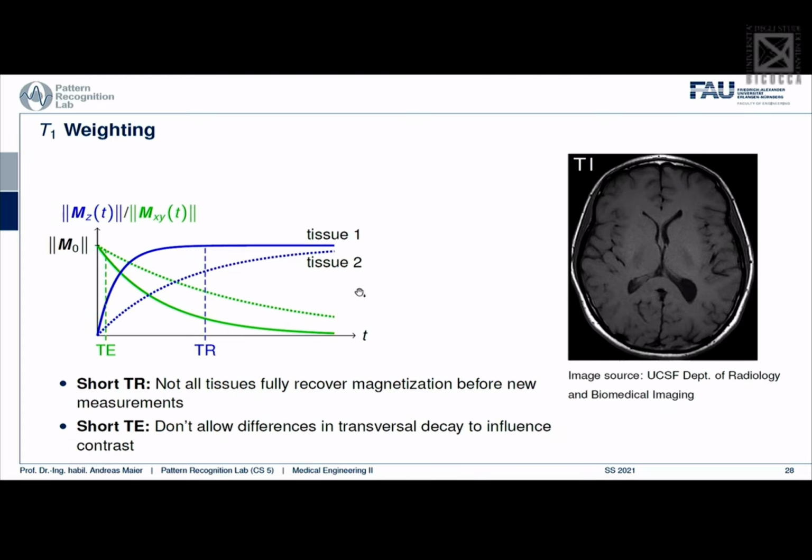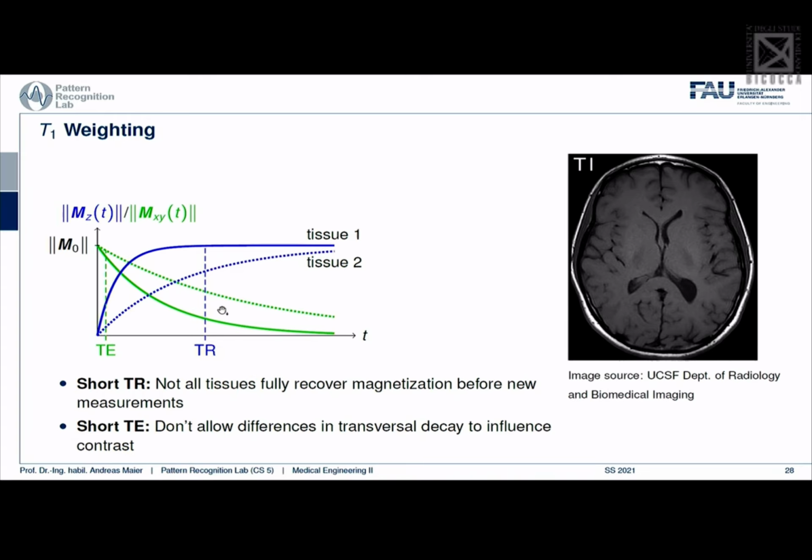Suppose that you have two tissues with some T2 and some T1. If you want an image which is influenced mostly by T1, you need to take a time of echo, which is the measurement, as short as possible, so that differences in T2 do not show up in the image, because if you acquire at an echo time much, much shorter than T2, the decay will not have happened.